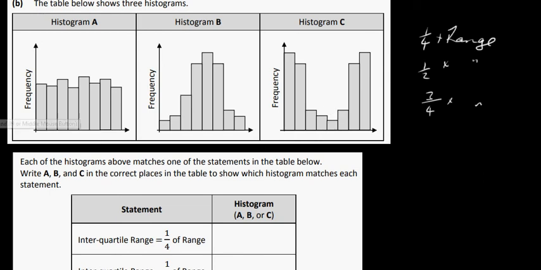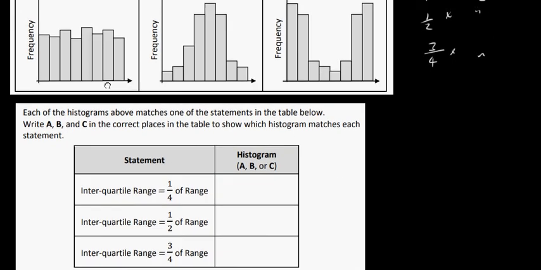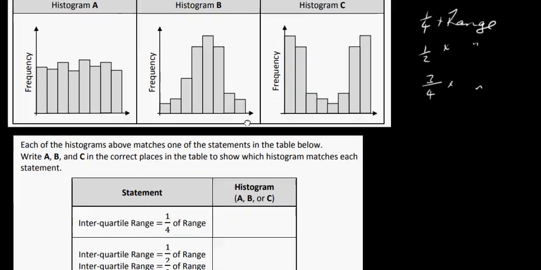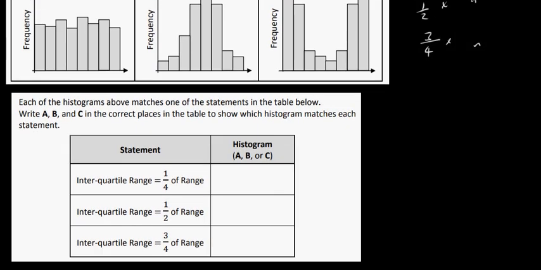So really what we're going to do here is just simply write, we have a quarter, a half, and 3/4. So a quarter of the range is going to be histogram B. It's just ABC, so the one in the middle is B. We're going to take B here, because this is the lowest fraction of the range.